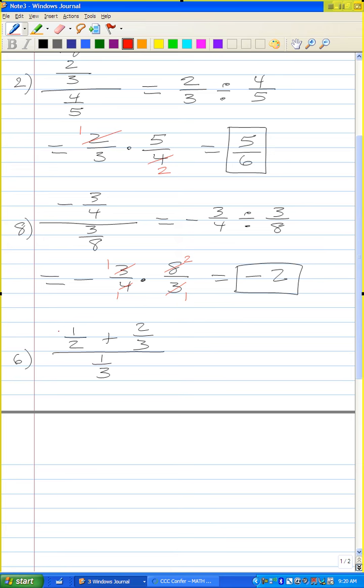There are a whole bunch of denominators here: 2, 3, and 3, so the least common denominator is 6. So let me multiply and divide by 6. If I do that, 6 divided by 2 is 3 times 1 is 3. 6 divided by 3 is 2 times 2 is 4. 6 divided by 3 is 2. 3 plus 4 is 7 over 2, and that is your answer.